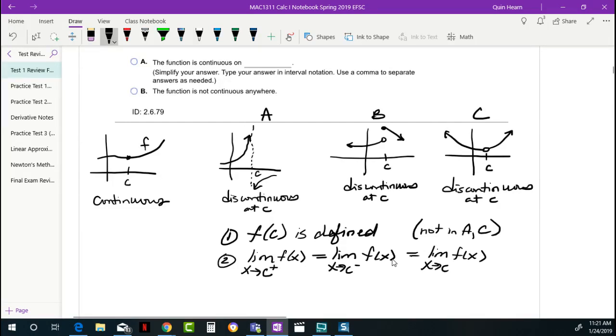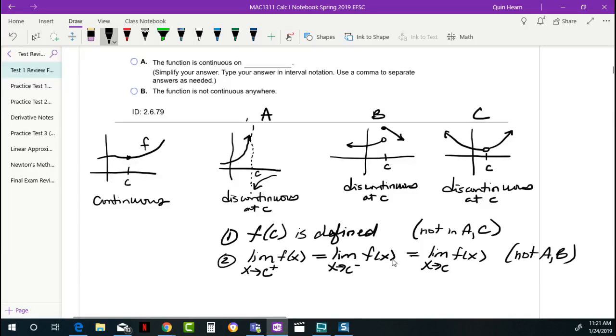We do not have that in either A or B. In A, the limit from the left is positive infinity, and the limit from the right is negative infinity.